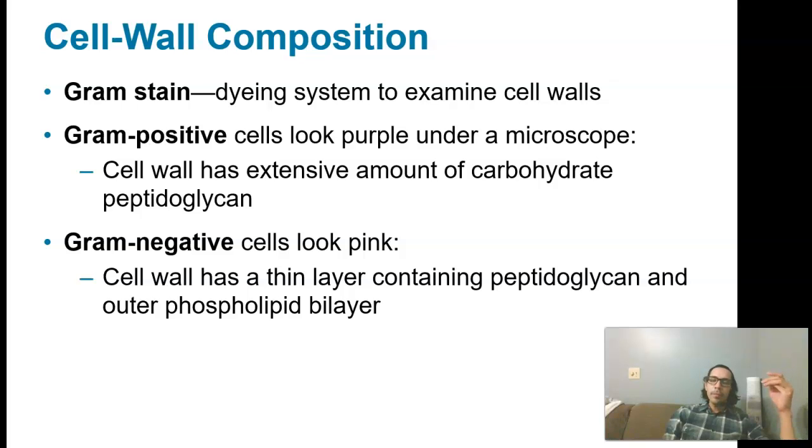When it's a gram positive bacteria, that means that the cells look purple under the microscope. That means that the cell wall has a lot of peptidoglycan. Okay, so it has a molecule called peptidoglycan.